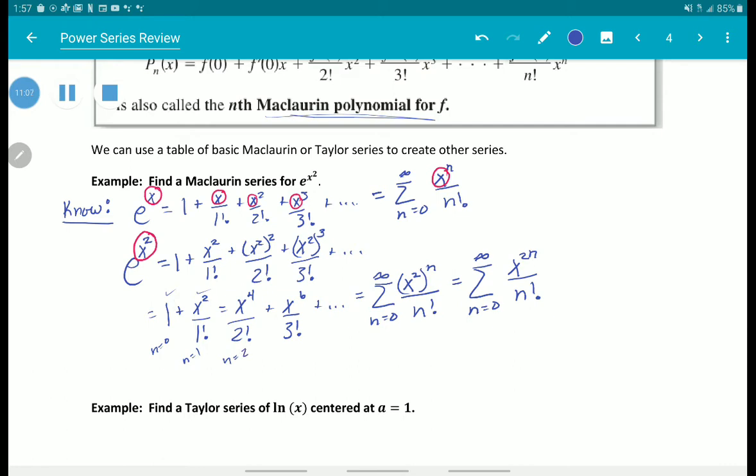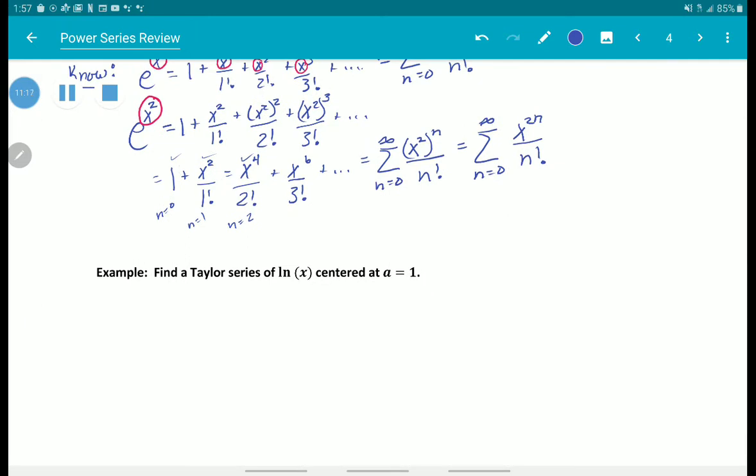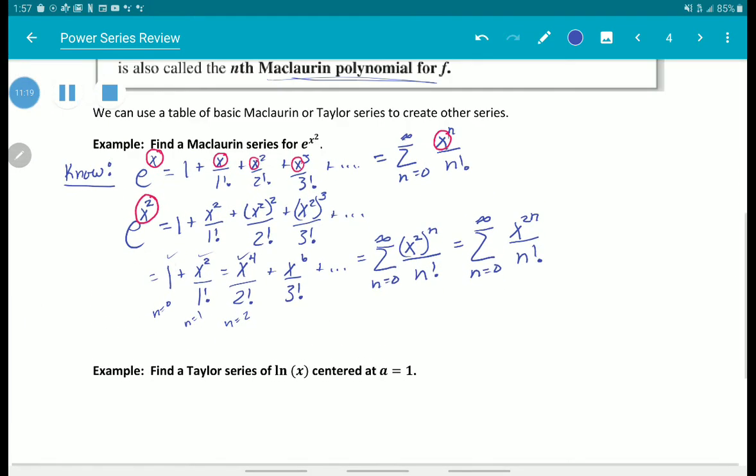If we substitute in 2, we're going to have x to the 4th over 2 factorial. So you can see how this guy is giving us the polynomial that we have. So there is our Maclaurin series for e to the x squared. It just required us taking what we know and replacing it with a substitution for x. And in this case, our substitution was x squared.